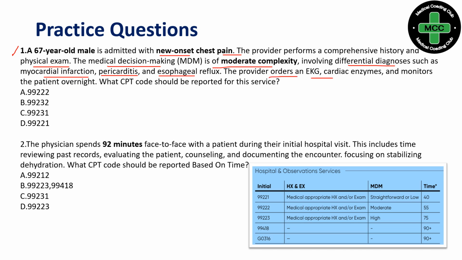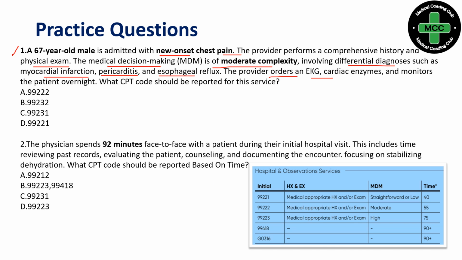Provider orders an EKG, cardiac enzymes, and monitors the patient overnight. Differential diagnosis you don't have to consider, but here the medical decision making is already given as moderate complexity. In the IP setting scenarios for your CPC exam, it will be very direct. You just have to be aware of coding guidelines, that is enough.